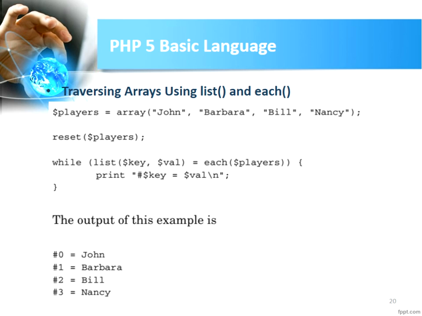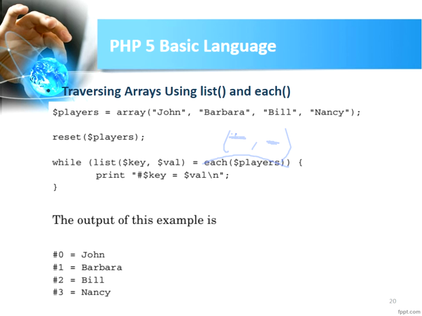So now I will use list $K $var equal each. That means here each player gives me two values, the first one and the second one.